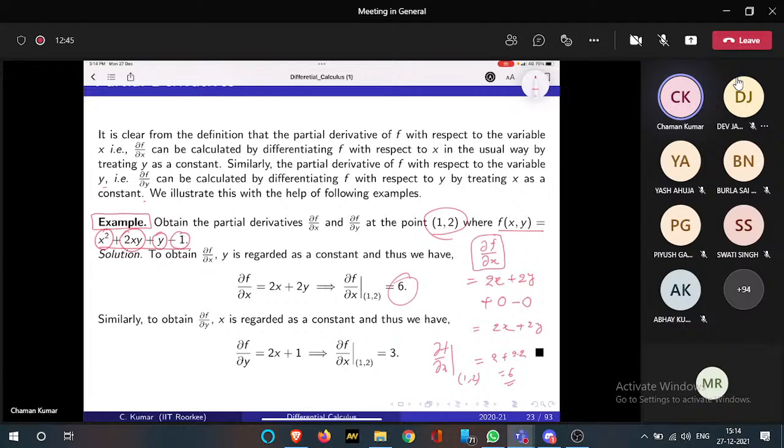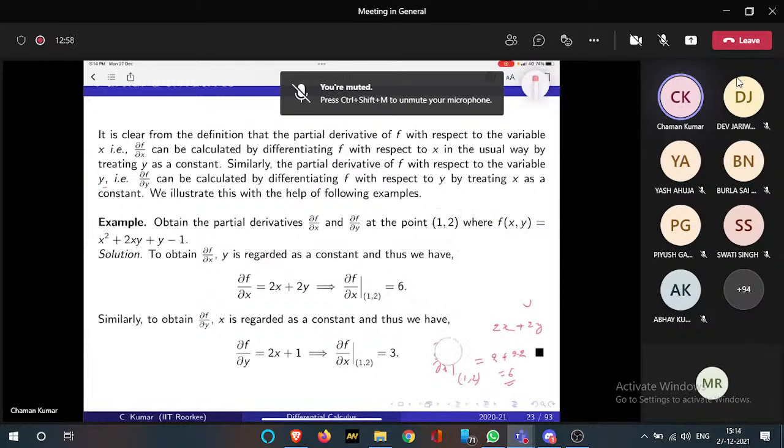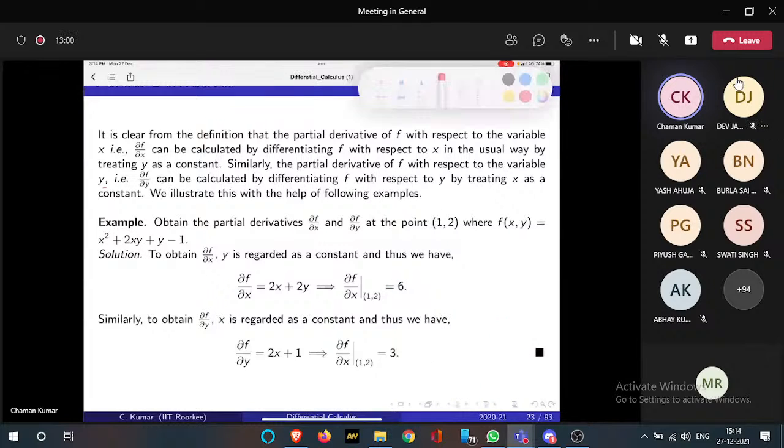Similarly, if you calculate the partial derivative of this function with respect to the variable y, the first term is x square. It does not depend on y. For the partial derivative with respect to y, you have to treat the variable x as constant, so x square will be constant.